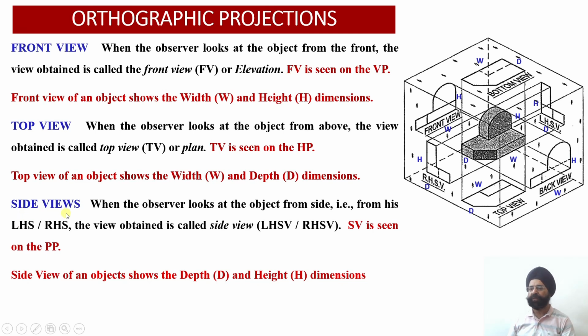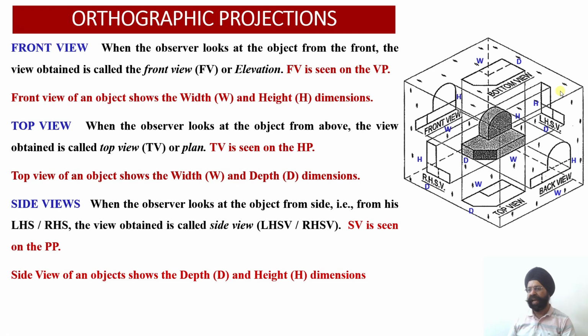Now there are two types of side views you can see. This is one side view which is obtained on a profile plane located on the left hand side, and there is another profile view which is obtained on a profile plane located on the right hand side of this glass box.